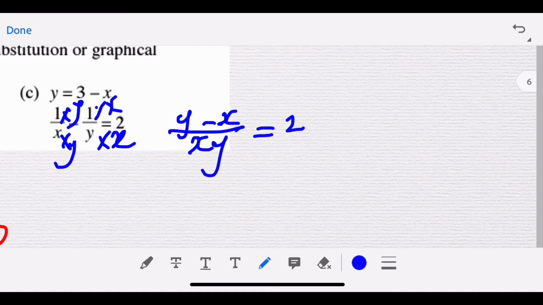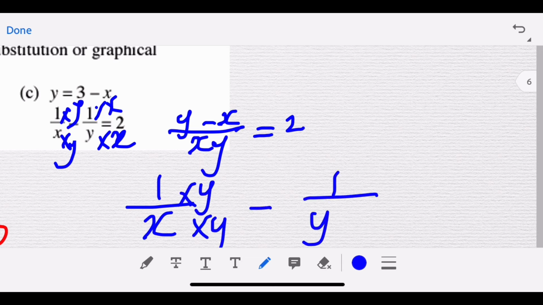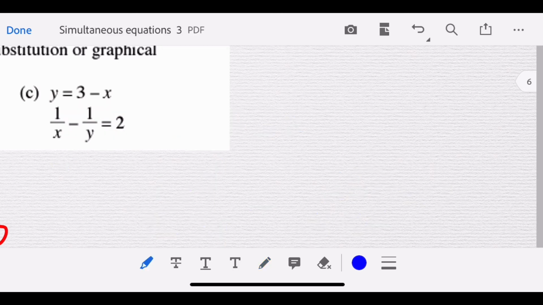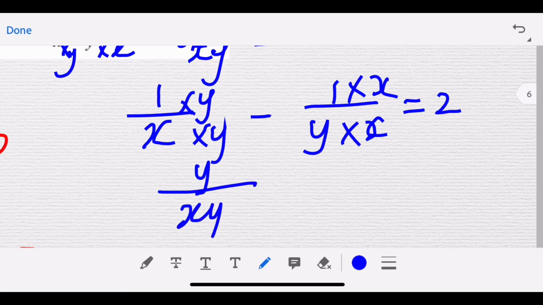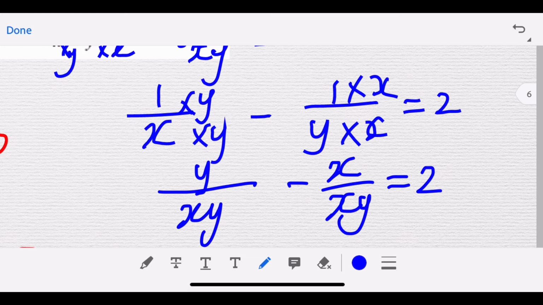So we take the 1 over x and multiply it by y, then 1 over y we multiply by x, up and down, is equal to 2, right? Understand? So we write it like this, and we have the same denominator.